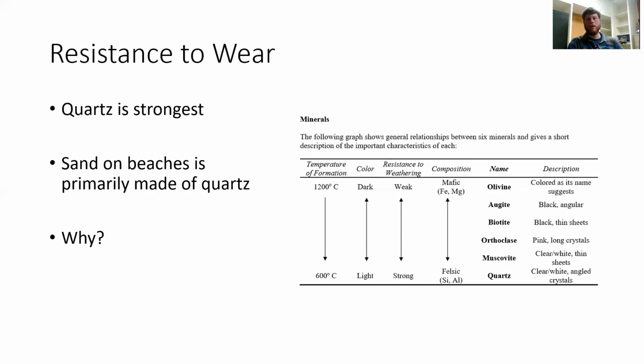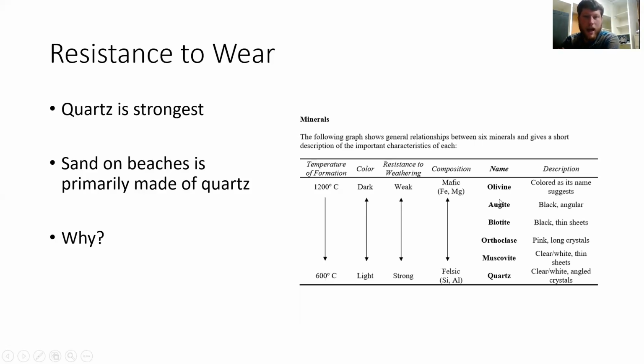Really quick, I want to bring your attention to that actual resistance to weathering. If we look at our mineral chart, we can see that the lighter felsic minerals seem to have more strength, a little more resistance to weathering. And if we look at the temperature of their formation, we can see that they're actually formed at a much lower temperature than, say, olivine.